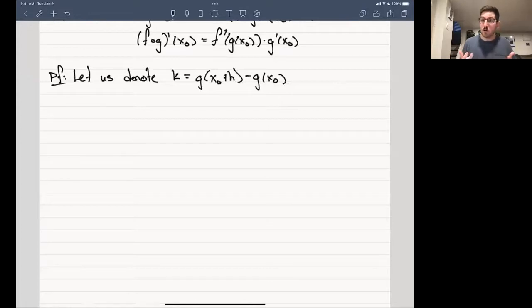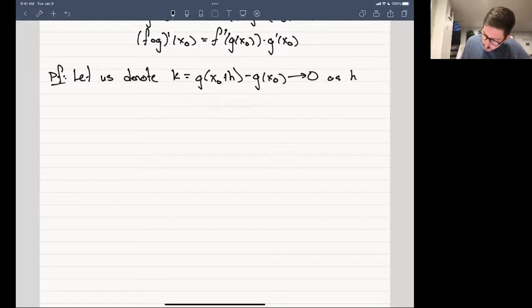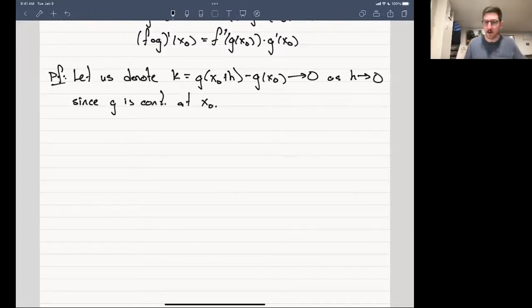Since we know that if you're differentiable, which we assumed, then you must also be continuous, this thing goes to 0 as h goes to 0, since g is continuous at x0. We already proved that.